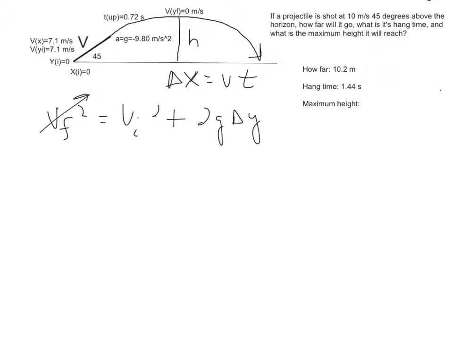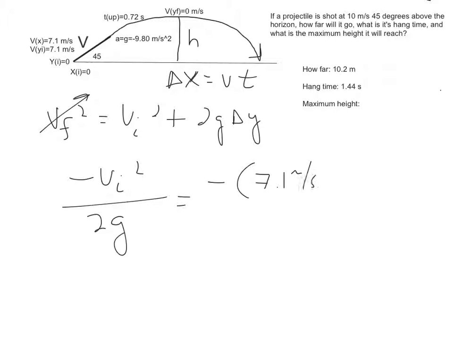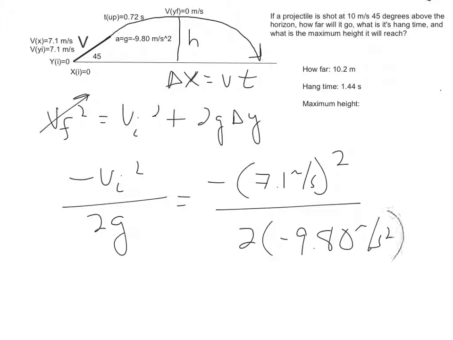I'm looking for delta y, so I have negative vi squared over 2g. So that equals negative, well, my vi is going to be 7.1 meters per second, and that quantity is going to be squared, divided by 2 times my gravity, which is negative 9.80 meters per second squared. Then I plug that in, so 7.1 squared divided by 2 times 9.8.